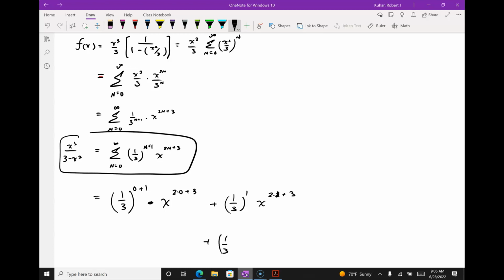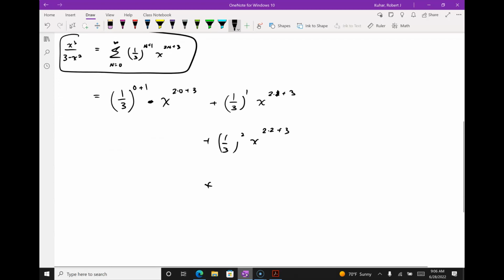Plus 1/3 squared. At this point, I don't have to look at anything. X to the 2 times 2 plus 3, plus 1/3 to the 3rd x to the 2 times 3 plus 3. So once I get started with it, it's pretty quick. But now I want to clean them up.